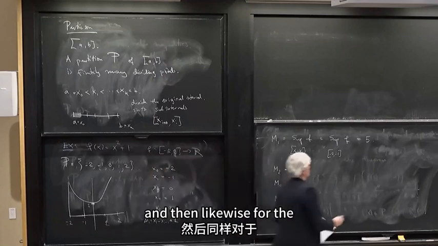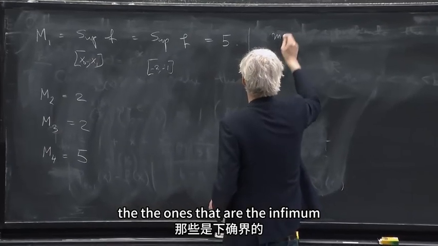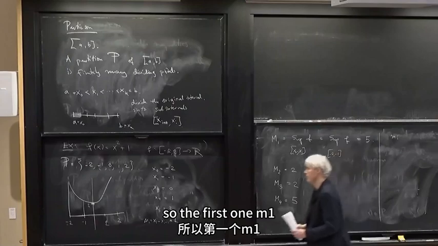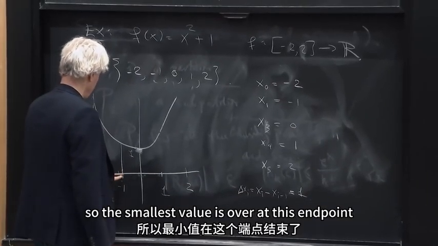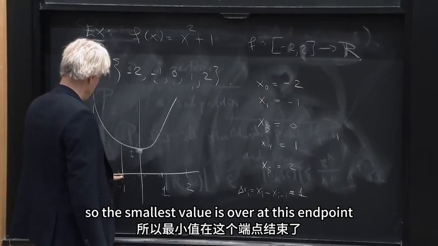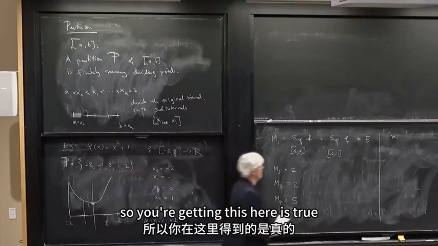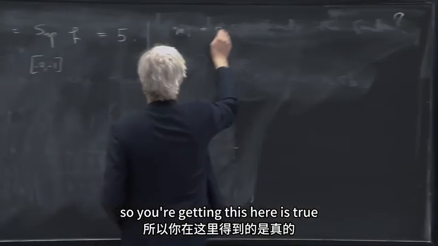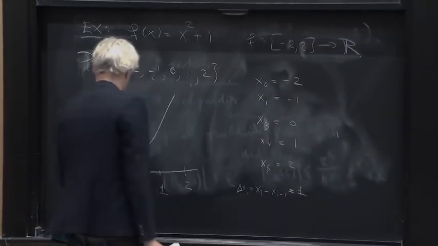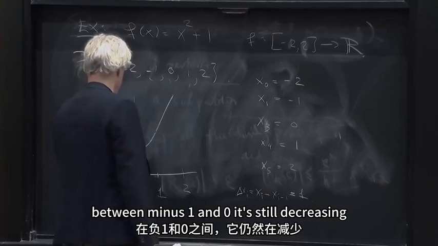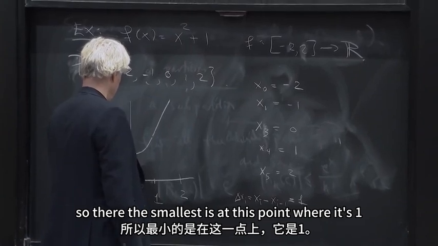And then likewise for the ones that are the infimum. The first one, m1: the function was decreasing, so the smallest value is at this endpoint, where the value is 2. Between -1 and 0, it's still decreasing, so the smallest is at this point where it's 1.